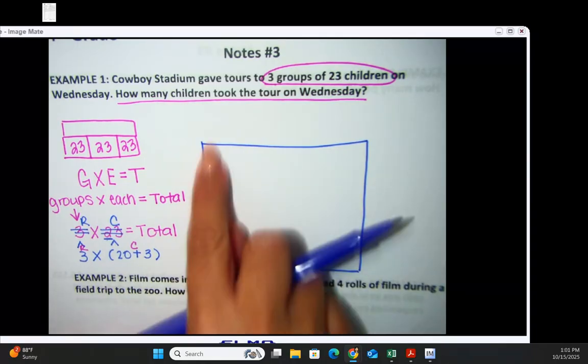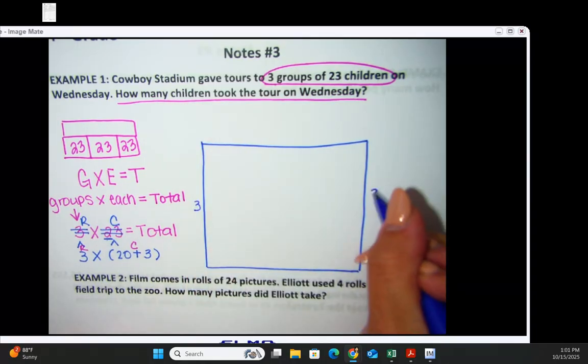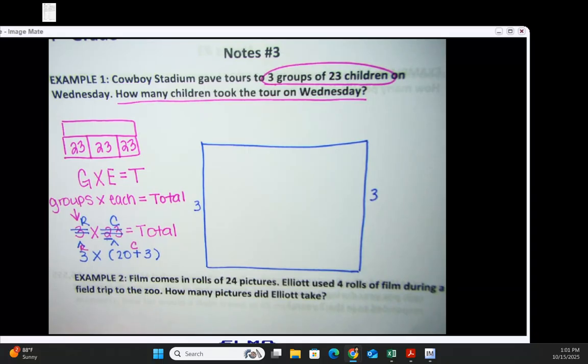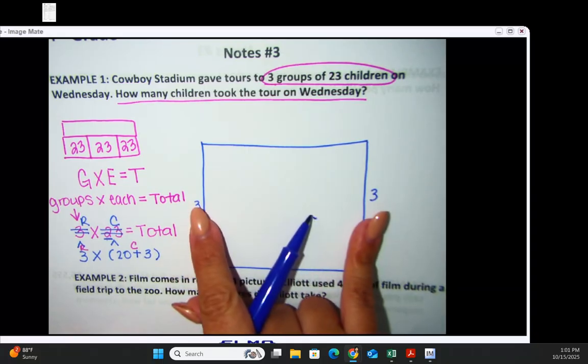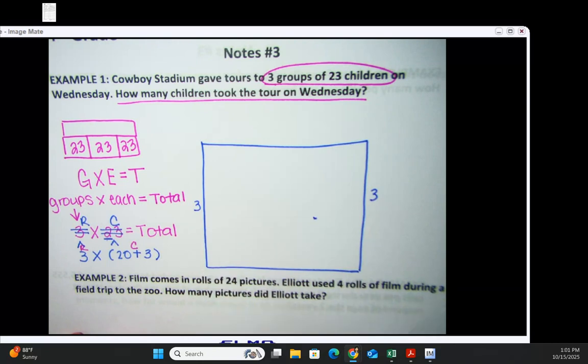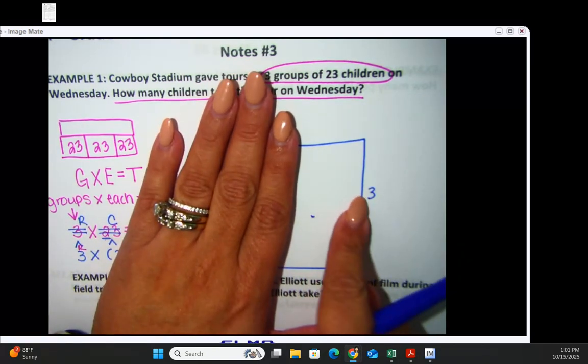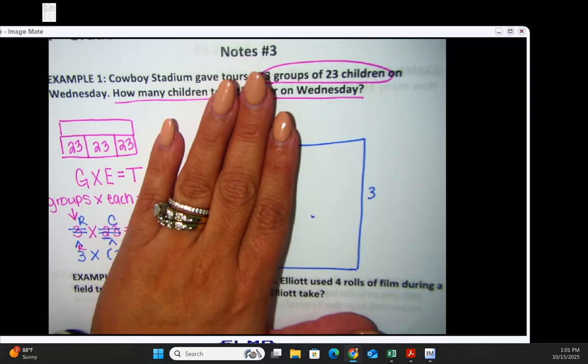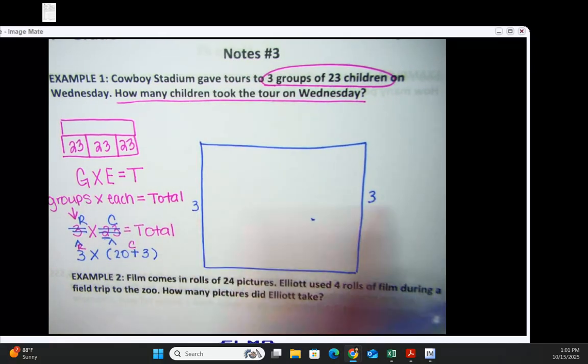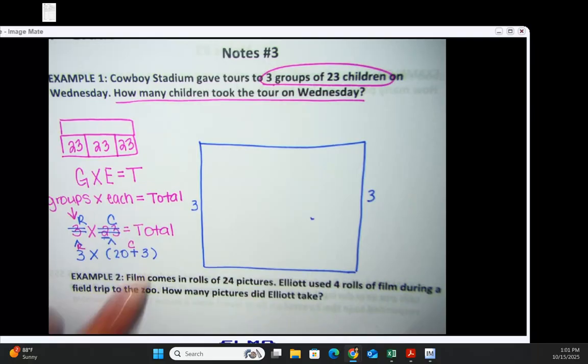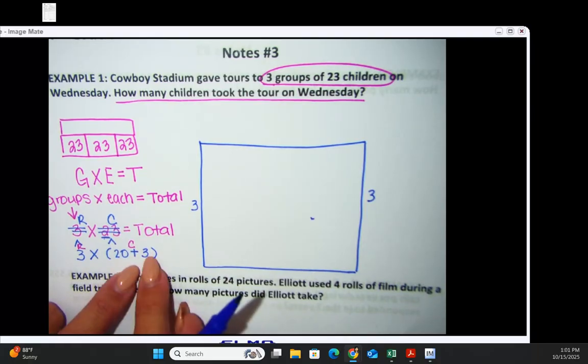But if this row is 3, doesn't it mean that this side is also 3? So I want us to be doing it on both sides now. Why? Because sometimes by the time that we're on this side of the area model, some of us are forgetting what the row was. Yes, go quickly.